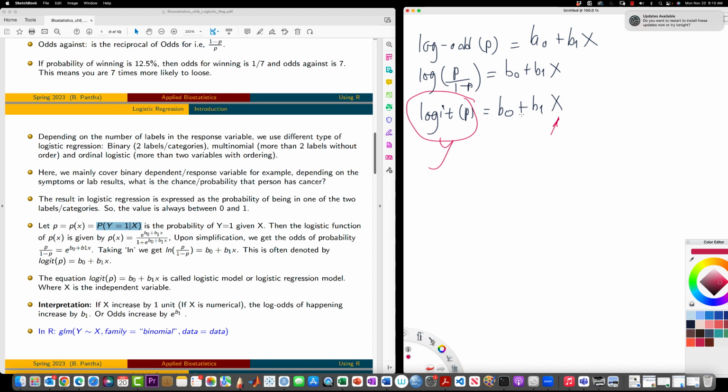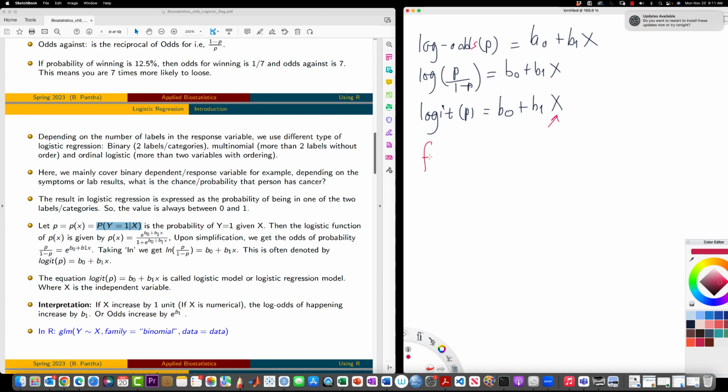But here we do not have y. On the left side we have the logit of p, or log odds of p. How do we interpret that? If we increase x by 1 unit, then the log odds of the probability increases by b1 units. So instead of y we write log odds of p.